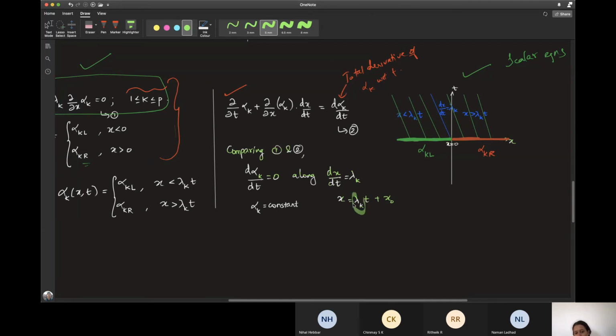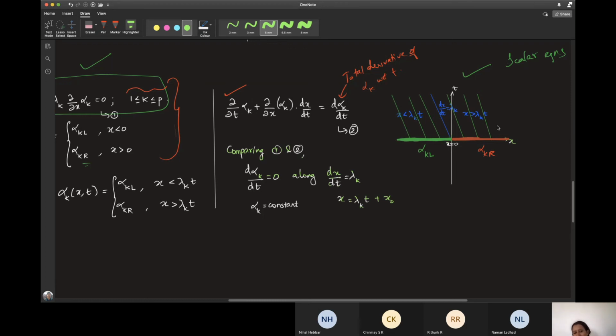Since your slope is the same for all x naughts, you have slanting lines with some specific slope, dx by dt equals lambda k, so the slope is 1 by lambda k. So you have constant slope lines passing through all x naughts here.